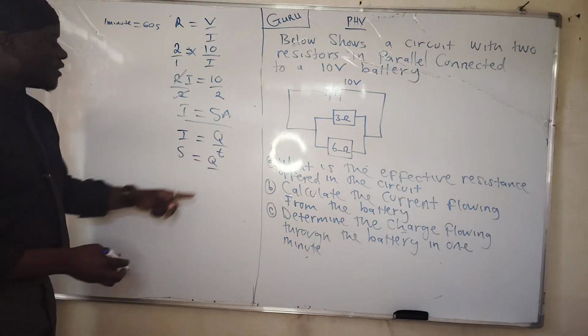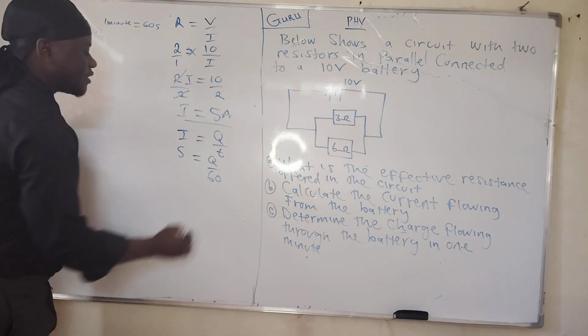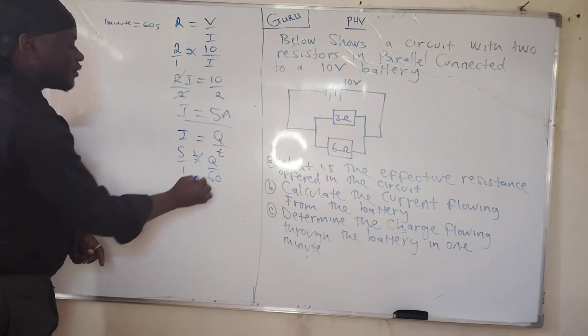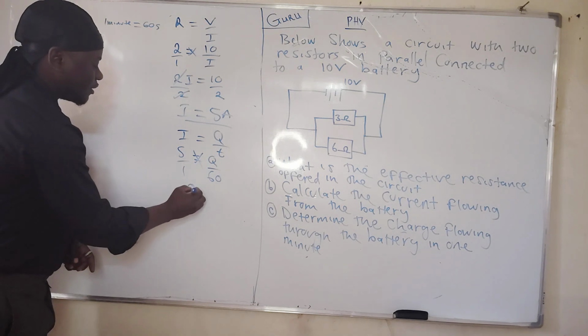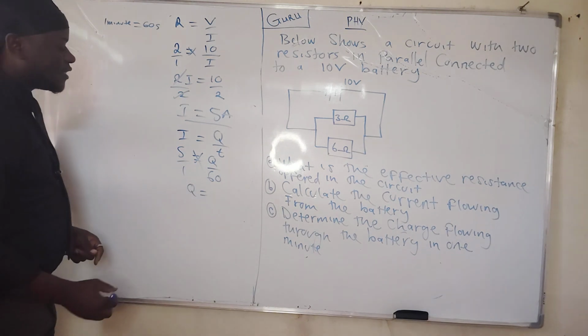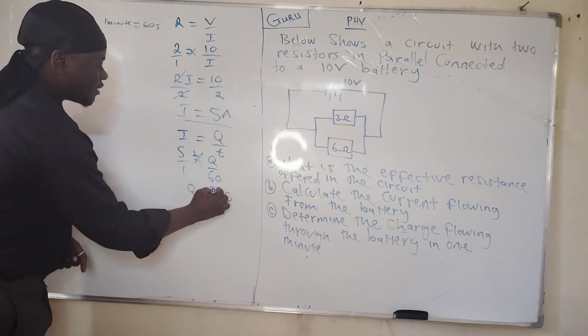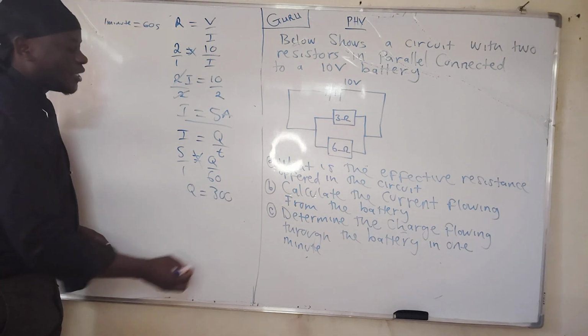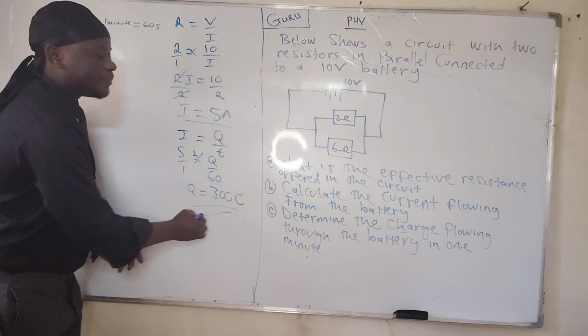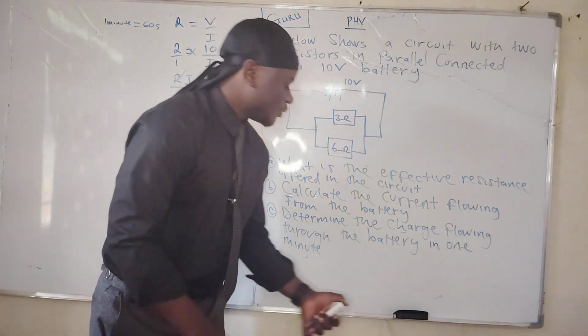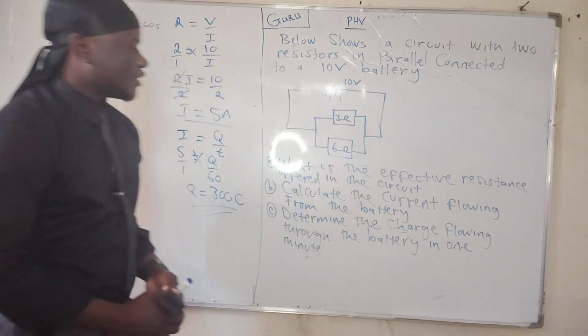So where there is T, you put 60. Cross multiply: charge times 1 is charge, and 5 times 60 is 300. The unit for charge is coulomb. Done. So that's how you're supposed to answer a question like this.